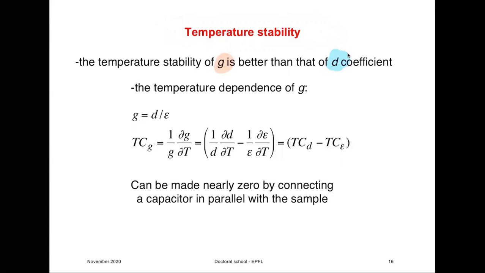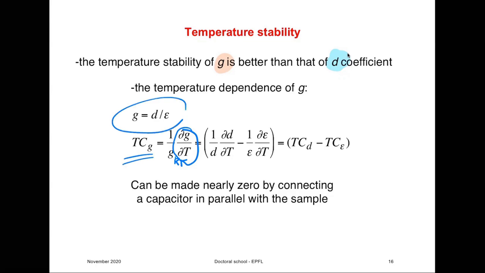Well, let's look at the temperature coefficient of the G coefficient. So what is temperature dependence? You take the value of a coefficient at room temperature, and then you look at how much this coefficient changes as a function of temperature. You take the derivative with respect to temperature, okay?